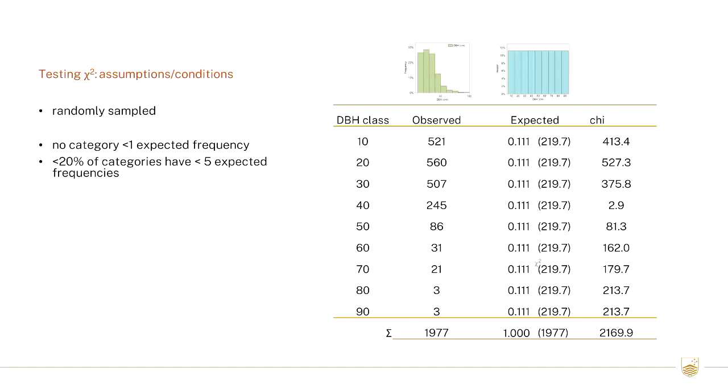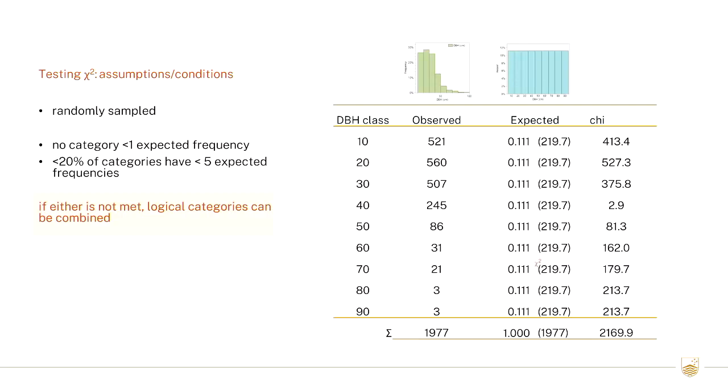But if these assumptions are met, then we can run a chi-square test. But if they're not met, we can still run chi-square tests. We just need to combine the individual classes or categories in a logical way.